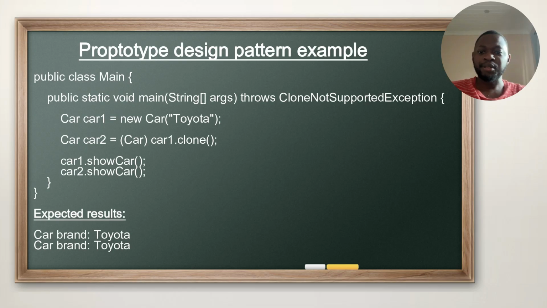Below that we invoke the showCar method for the first object and for the second object, which is the cloned object. The expected result should be car brand is Toyota, car brand is Toyota, printed out for both, since car2 is the exact duplicate of car1.